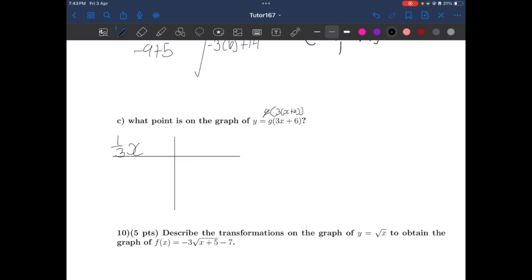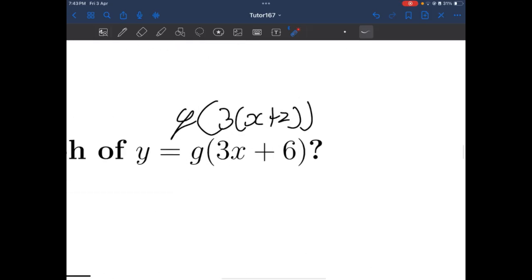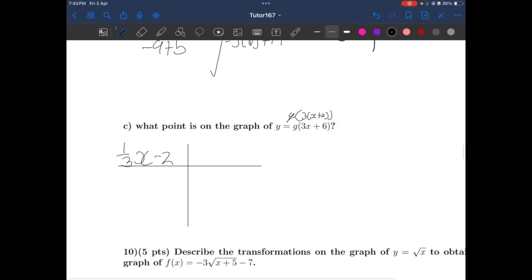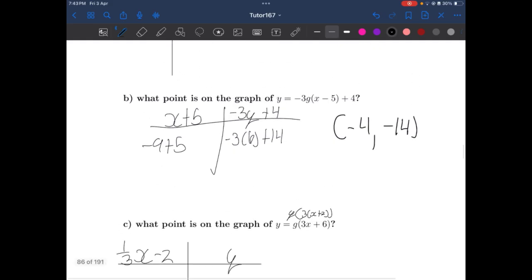So 1 over 3 times x. And then we're subtracting 2. So you multiply the x value by 1 over 3, and then you subtract 2, because remember, we're not doing what it actually says. We're doing the opposite of what it says. And the y value isn't affected, so we just have y there.